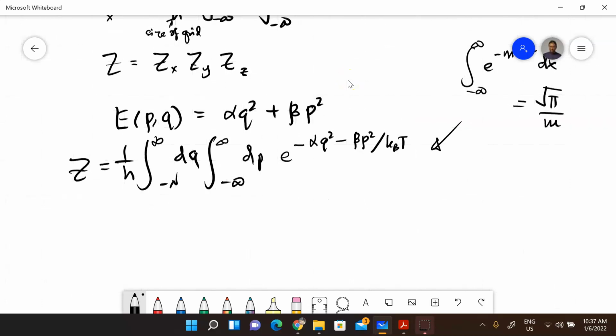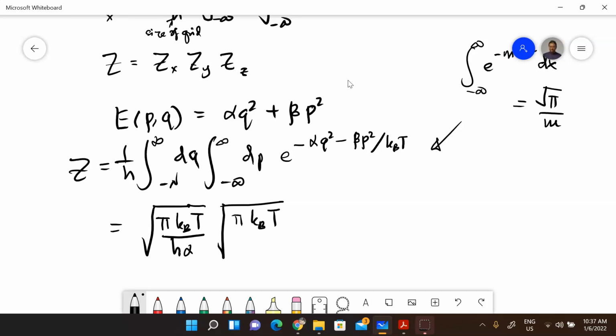So there you'll find that your partition function is given as a finite number, T over h alpha by kBT over h beta. Okay, please work that thing out.